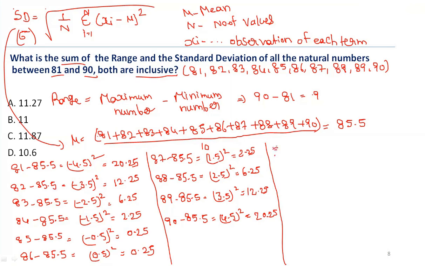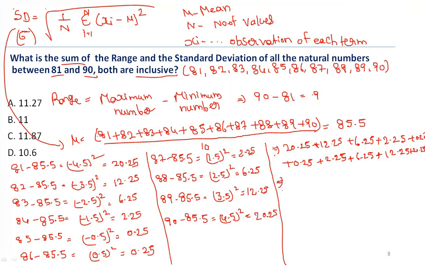Adding up all these square values, which is nothing but 20.25 plus 12.25 and then 6.25 and next term 2.25, 0.25 and the values will be repeated in the cyclic order 0.25, 2.25 again and 6.25 plus 12.25 and last value 20.25. Okay. So after adding all these values, what will be the total?